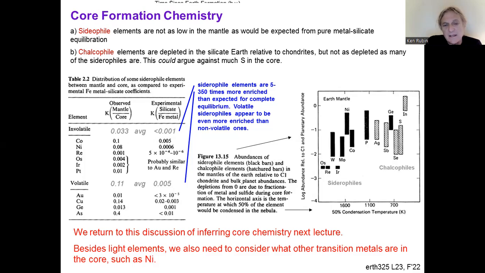Okay, and that is leaning towards the idea that we were contaminating our core, and yet it wasn't primarily with sulfur, because of the relative proportions of the siderophile and chalcophile elements in these two tables. So that's where we end up in the second lecture, and we'll continue this topic next time. So stay tuned.